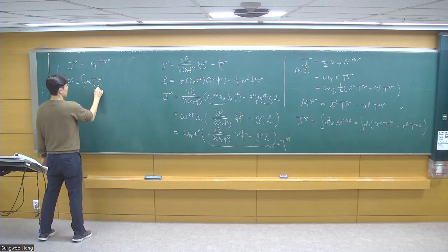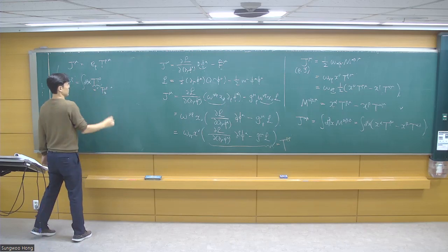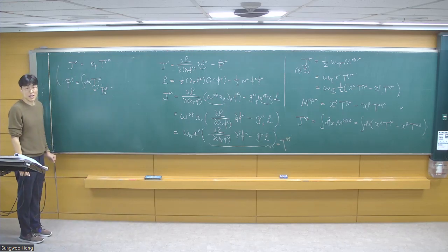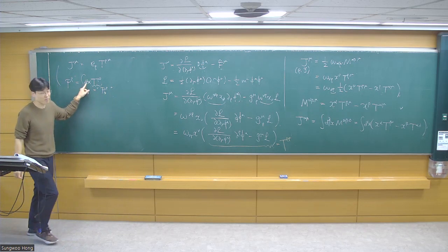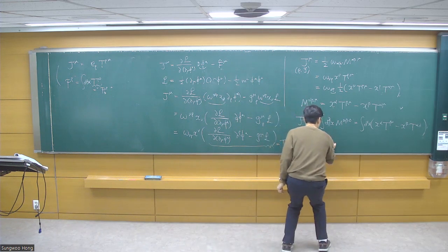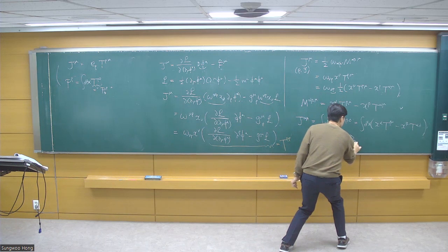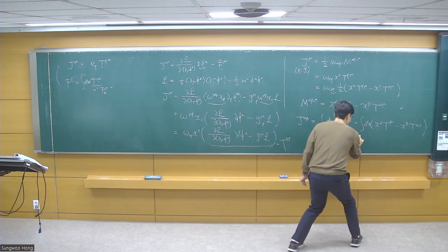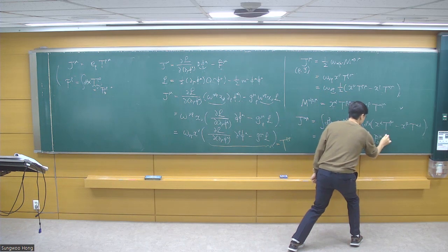So if I give it a name, this is what's called momentum density mu, from which I get momentum when I integrate over the entire space volume. So let's come back here and write that expression again: x alpha times momentum density beta minus x beta times momentum density alpha.